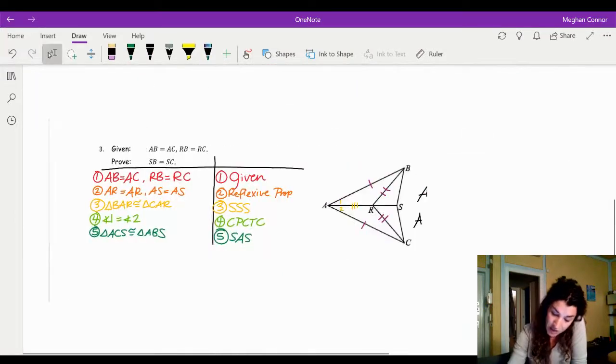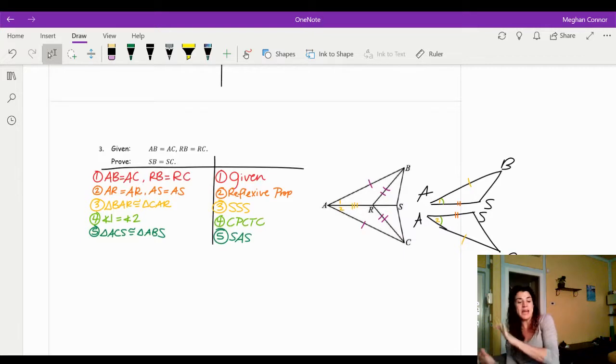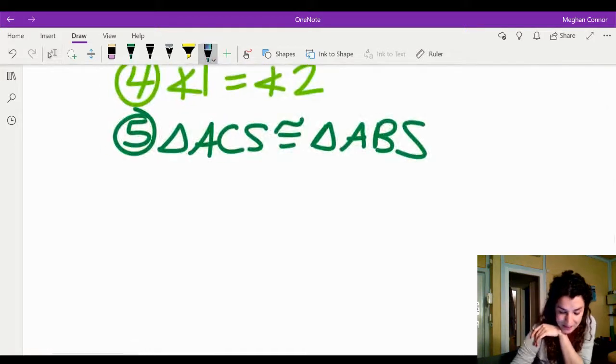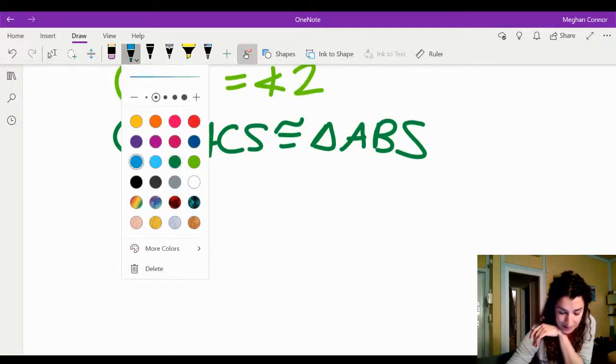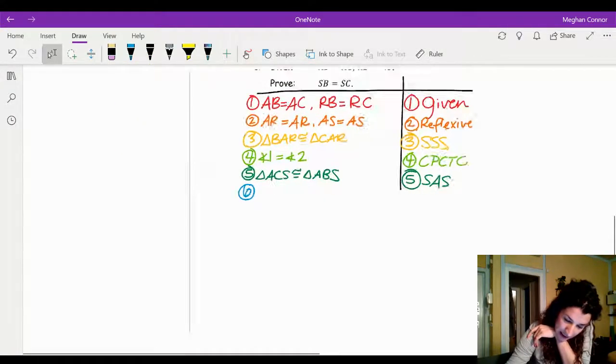And now that I've proven that those 2 triangles are equal, remember, taking a step back, I want to prove that SB and SC are equal to each other, which now I can because of CPCTC.